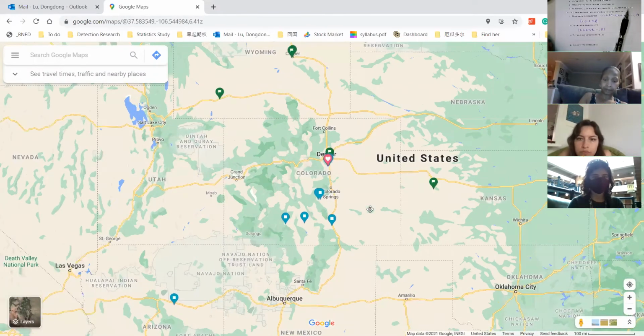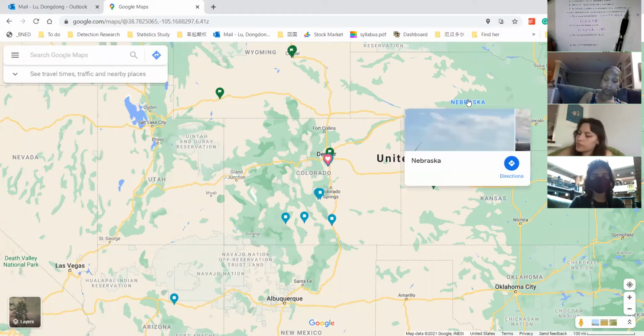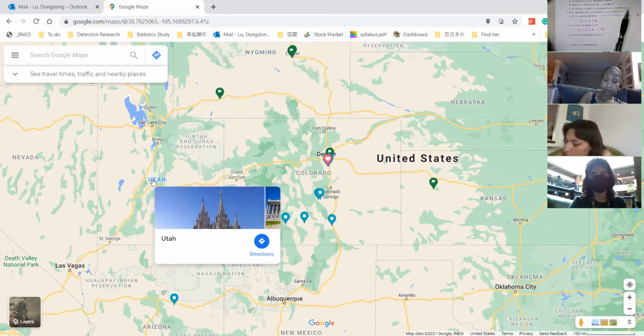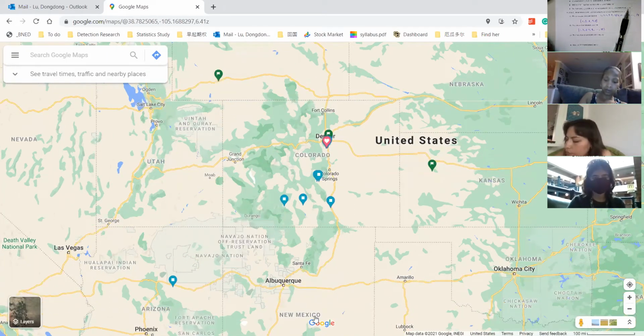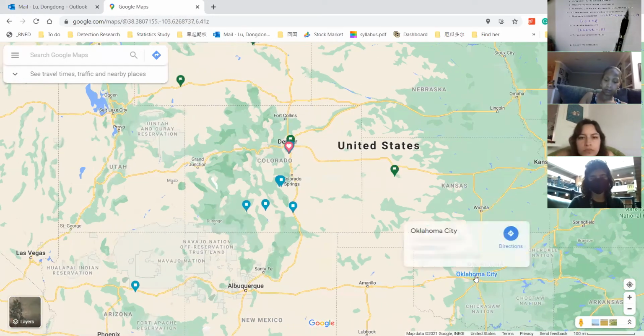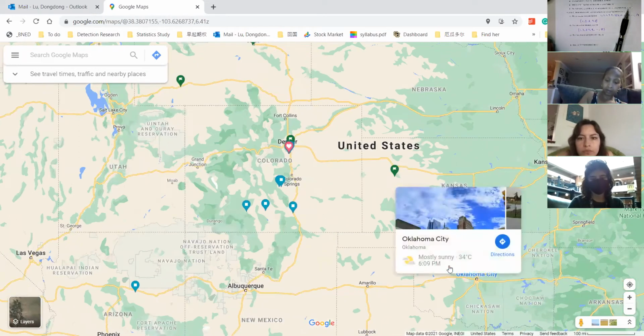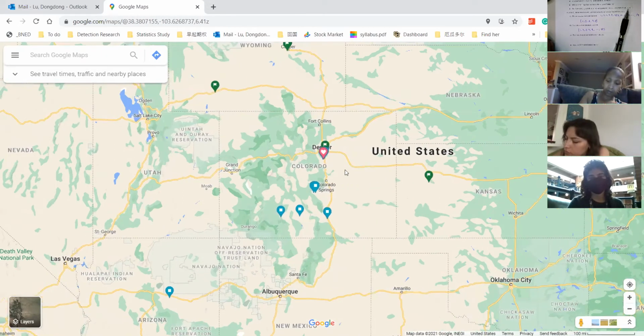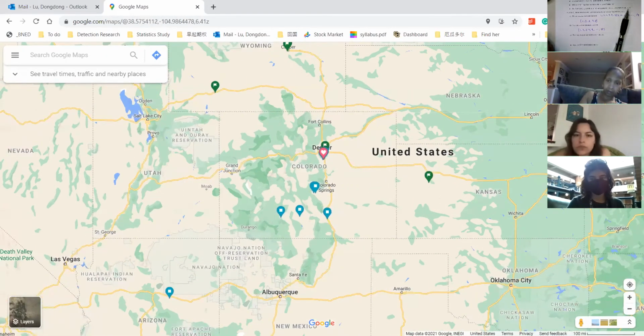Let's see: Kansas, Nebraska, Wyoming, Utah, New Mexico, and Oklahoma. Great. So those are all the states which share a border with Colorado. Once we find the answers in Google Maps, let's switch back to our lecture notes.